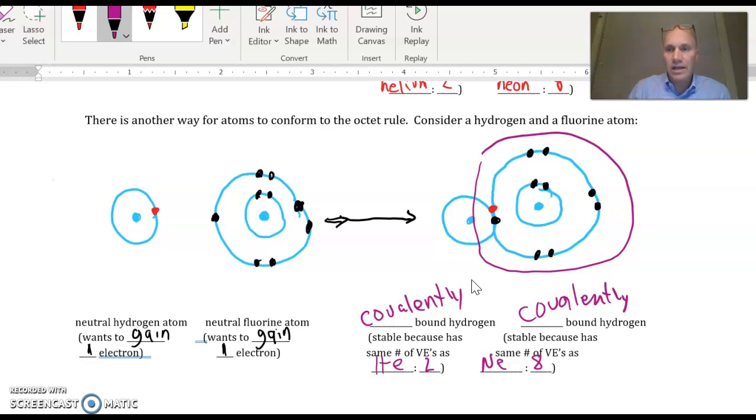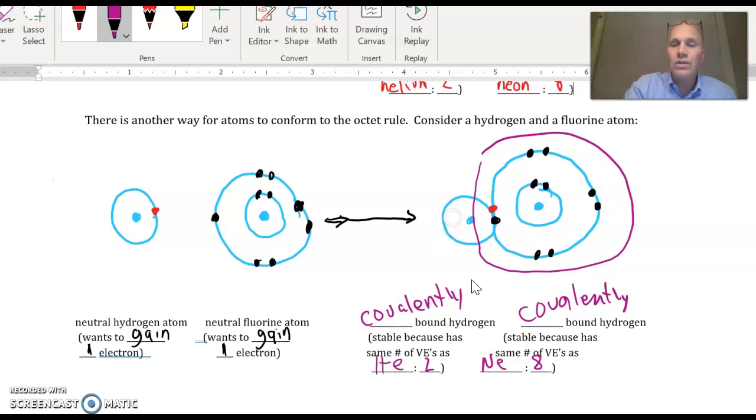By the way, one thing that might be confusing: we call this thing the octet rule, and it makes sense that the octet rule might have something to do with the number 8. Generally it does. For most atoms, it means it wants to have 8 valence electrons, just like fluorine does here. But note that with hydrogen, there's an exception. It only wants to have 2.